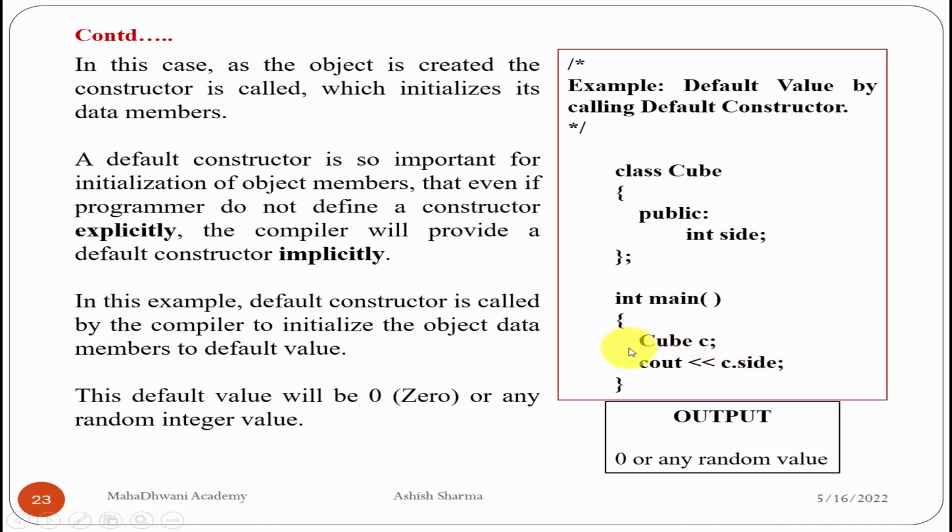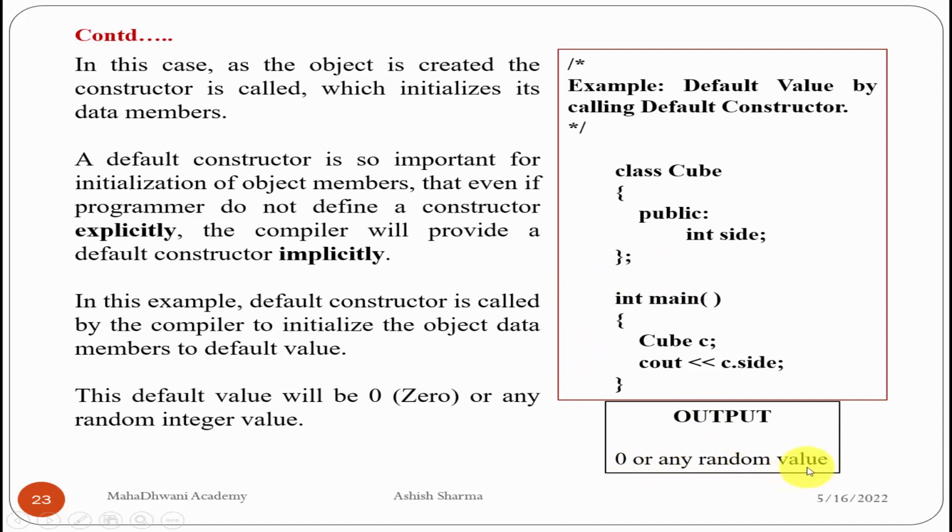You can see here we didn't initialize any value to this data member. Whenever we execute this program, we get the output 0 or any random value.